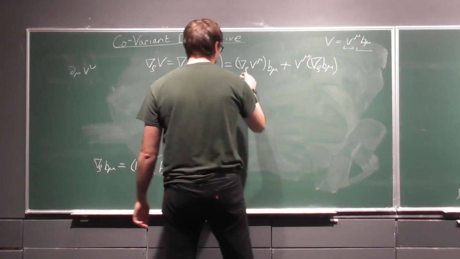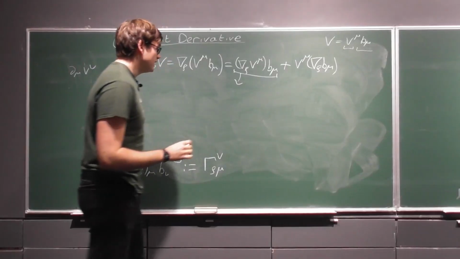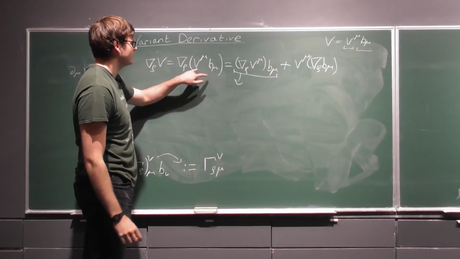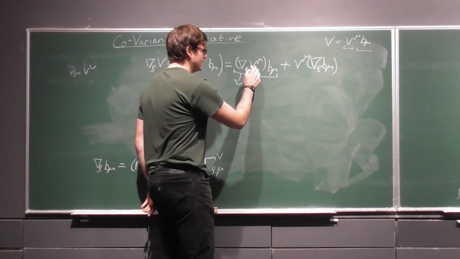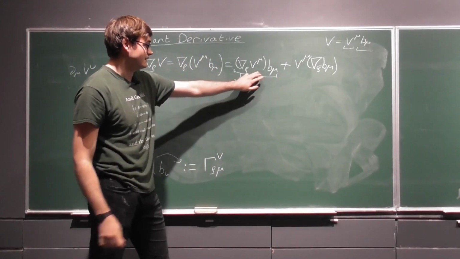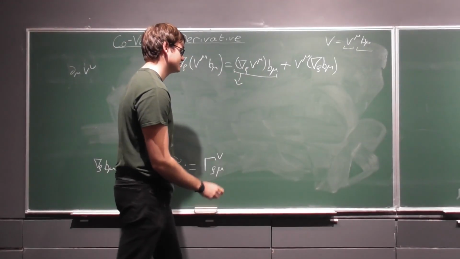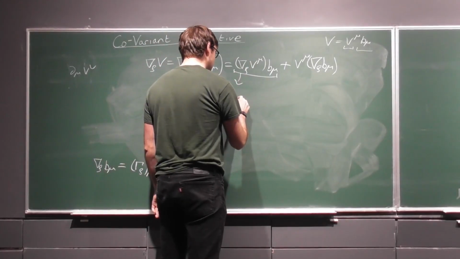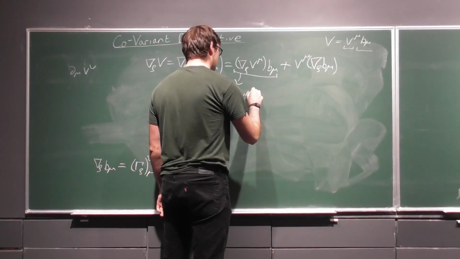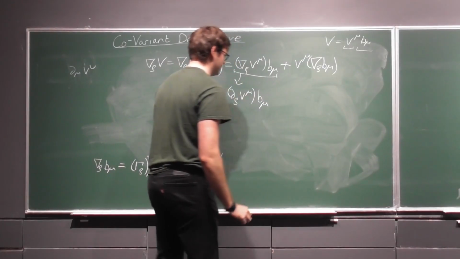Okay, now we have to do something kind of funky with this bit here. Because I'm splitting it up like this, this bit is specifically only the components. Now these components are just functions, so they are only scalars. So this will reduce to just the partial derivative along here, okay?